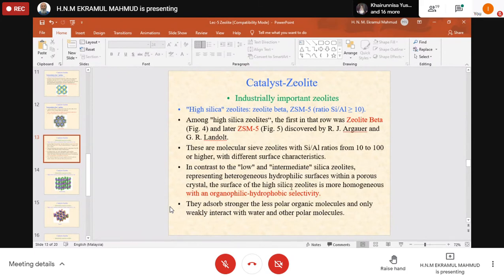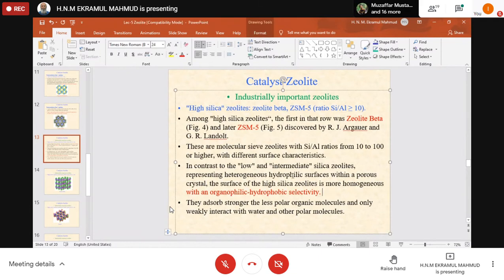The surface of high silica zeolites is more homogeneous in nature with an organophilic, hydrophobic selectivity. If it is hydrophilic, loving water, that means any hydroxyl group, OH group, will be attracted to this surface.